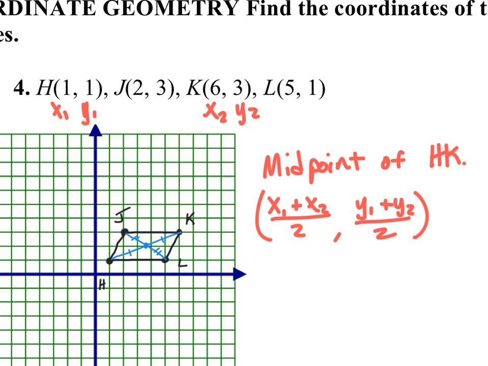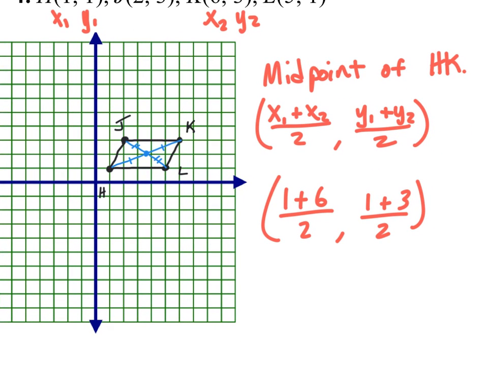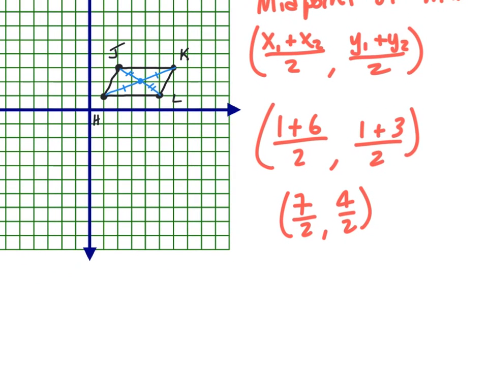All right, and so for HK, I'm going to call this x sub 1, y sub 1, call this x sub 2, y sub 2. Okay, so x1 plus x2, that's going to be 1 plus 6 divided by 2, comma, 1 plus 3 divided by 2. All right, and so if I do 1 plus 6, that's going to give me 7. So I've got 7 halves, comma, 4 halves, and I can simplify this and write this as 7 halves, comma, 2.